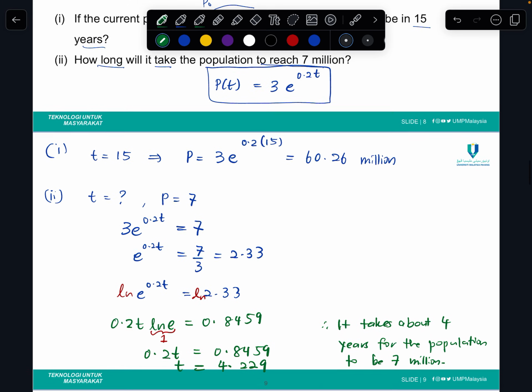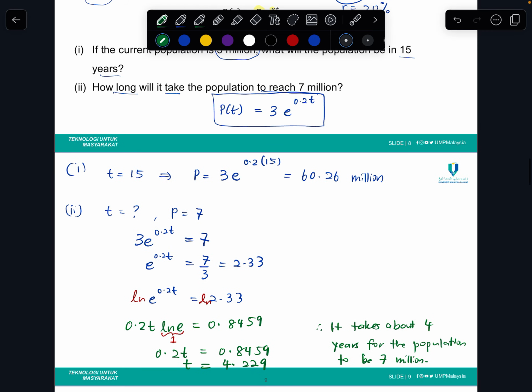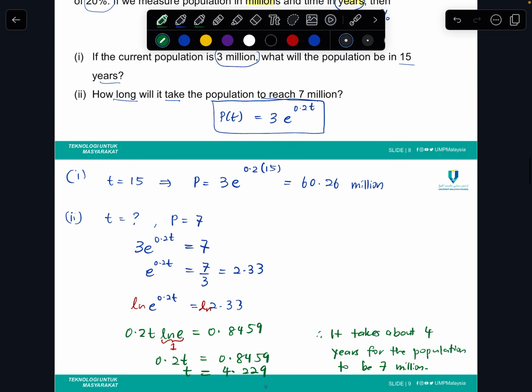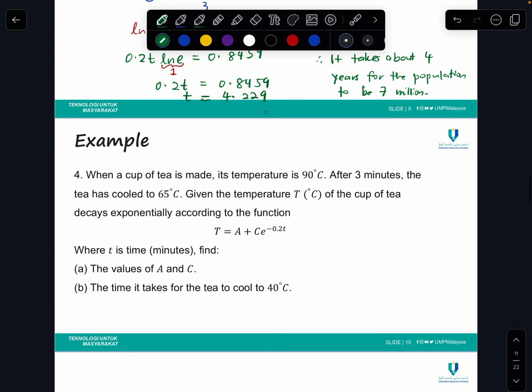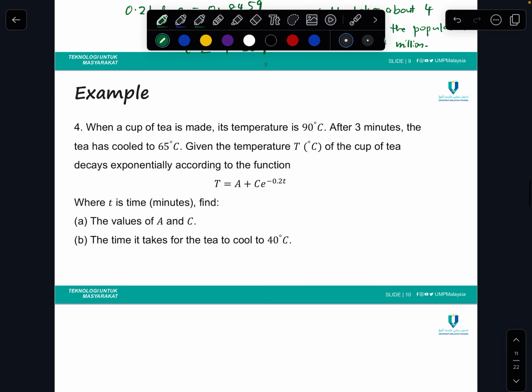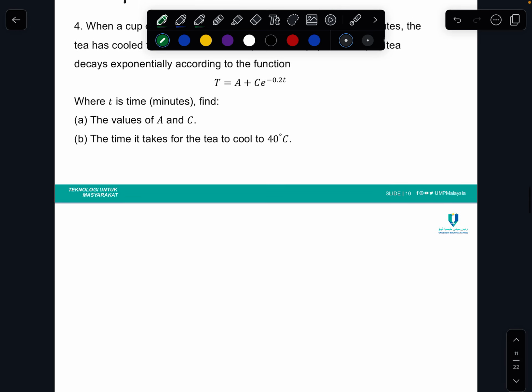So here we solved the problem. We answered question number 1 and question number 2. Then we move to the next example. We skip example 4 for now. We will turn to this example later.